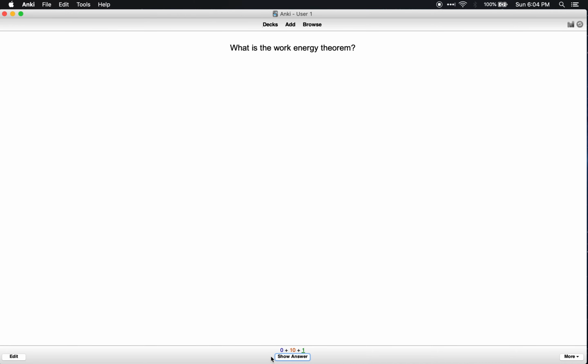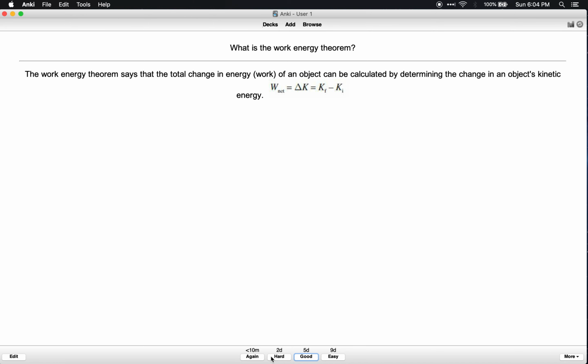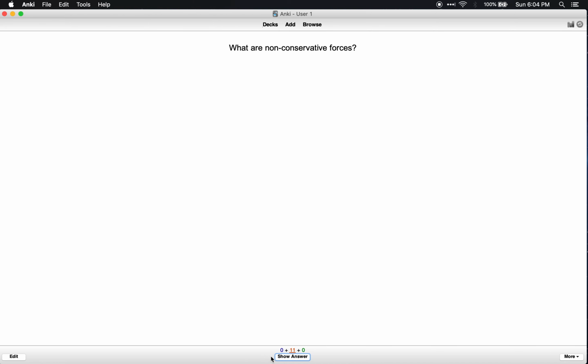What is the work energy theorem? Work net equals delta KE. What are forces that dissipate energy into the surroundings via light, heat, and sound? Friction and air resistance are examples. Work is the capacity to transfer mechanical energy from one thing to another.